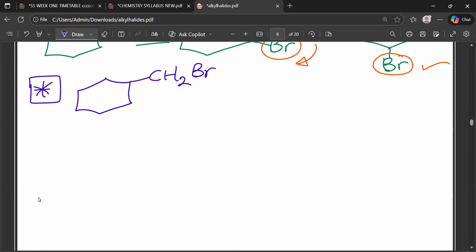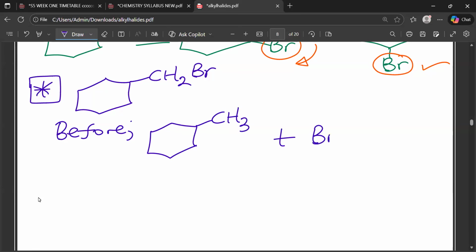But I want you to learn something. Before, it was like this. It was that carbon 1 with the CH3. You understand? Then after, they added BR. So when you add BR under UV light, one of the BRs replaces one of the hydrogens. You get the point?